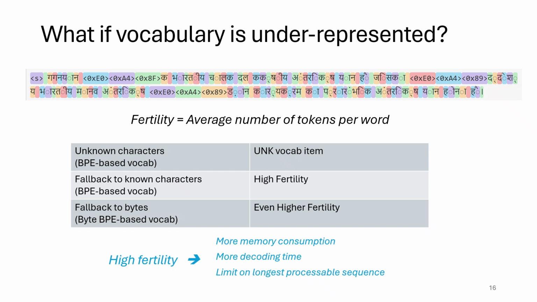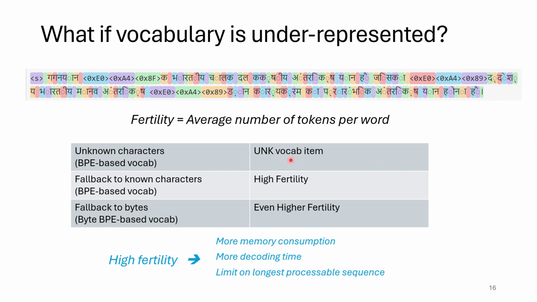In this case, this is the Llama tokenizer. You can see that here the words are almost broken down into characters and sometimes even bytes. These sequences of 0x, E0, etc. are bytes. Because the Llama tokenizer is a BPE tokenizer with byte fallback, if the character doesn't exist in its vocabulary, it just backs off to bytes.